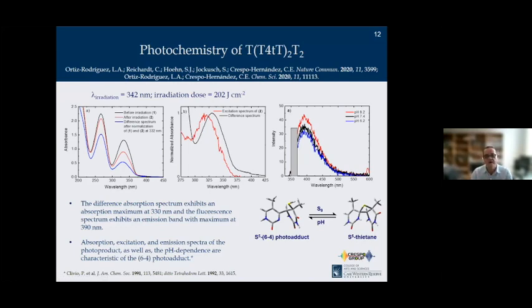analog of the Thietane photoadduct. And we did an additional experiment, which was we changed the pH because it's well known that there is an equilibrium between the Thietane intermediate and the final 6,4 photoproduct. And so if you change the pH, you can displace that equilibrium to the final 6,4.